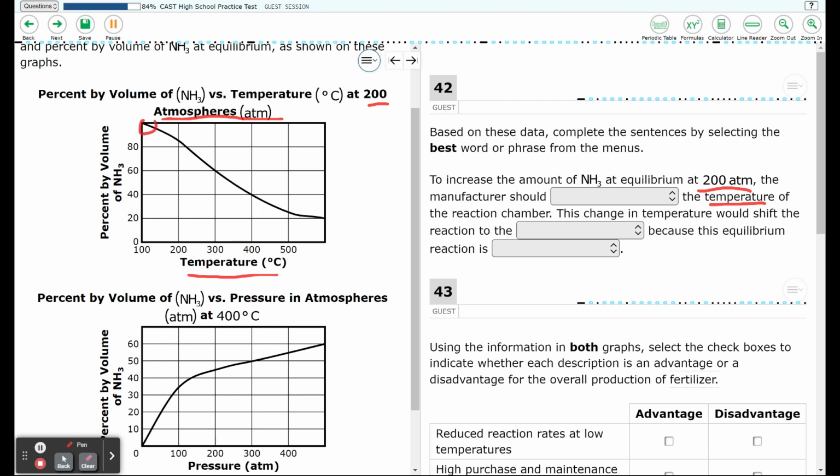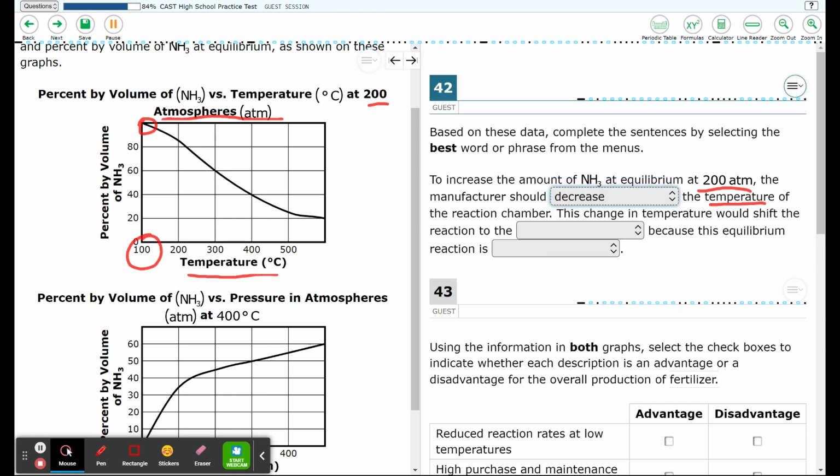We can see that right here at 100 degrees Celsius, the percentage of ammonia is 100%. It's all ammonia. So that would definitely push it towards ammonia. So let's answer a couple questions here, then we're going to have to look somewhere else. So they should decrease the temperature, not 500, but 100.